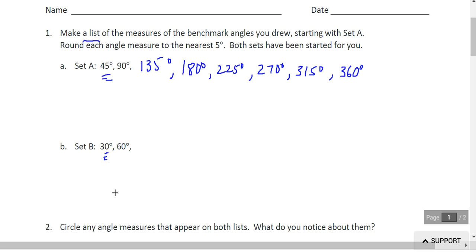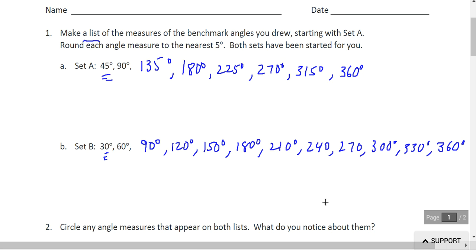So let's see, if we start with 30, then we do 60, and then what's next? That's right, 90 degrees. Then what's next? That'd be 120. Basically, we're adding 30 every time, 150. And see if you can fill out all the rest all the way until you get to 360. Pause the video and hit play when you're ready.